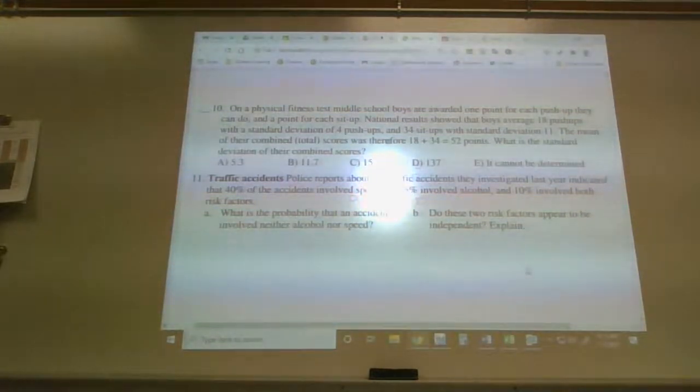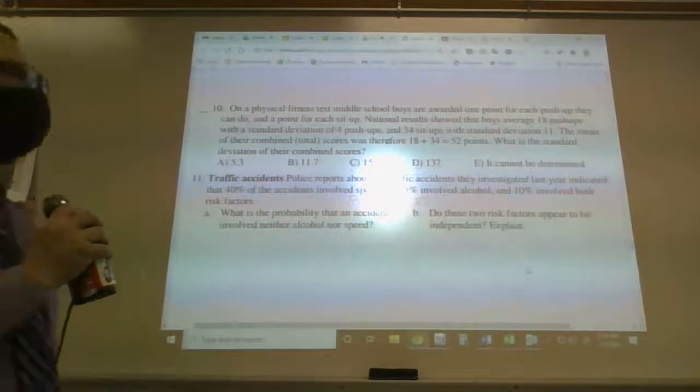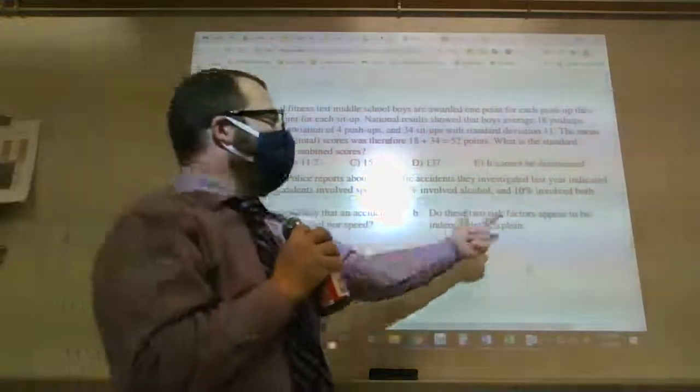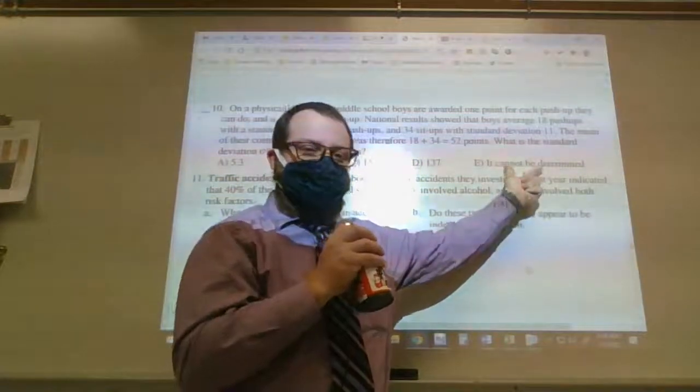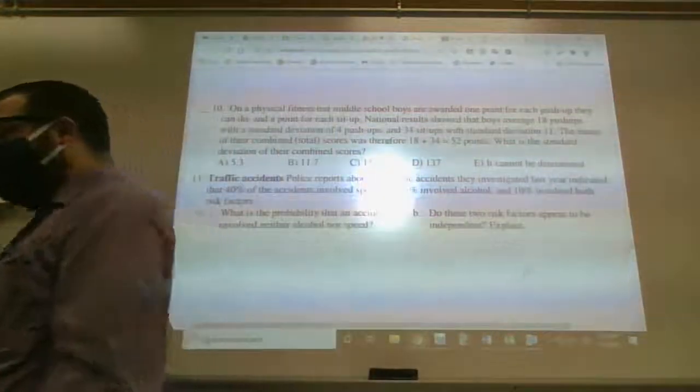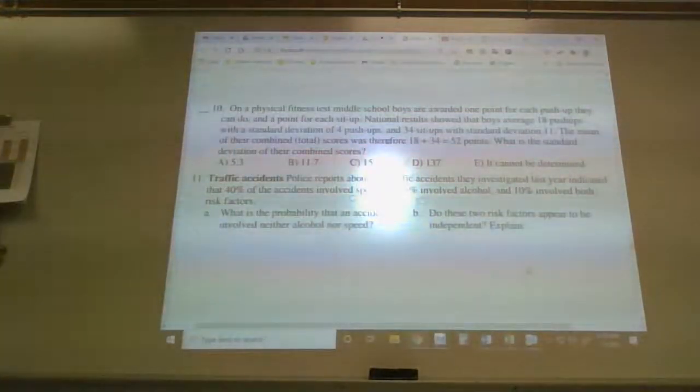It's suspect as to whether or not the two variables are independent of each other. So the answer to this question is actually that it cannot be determined. This is something that would mess a ton of people up. I even said you would be wrong, and several of you were like, oh, why? For that reason. The two events have to be independent of each other.